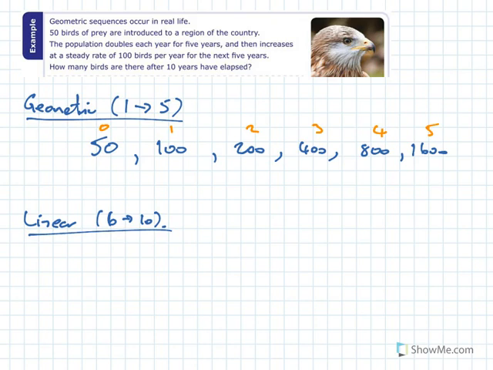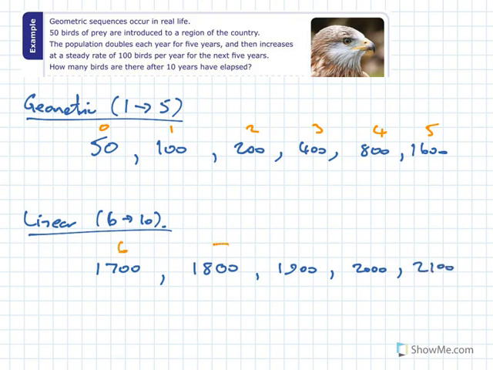Okay, that makes sense. And then after the 5th year, it turns to an arithmetic sequence. So after year 6, I get 1700, and then 1800, 1900. I should really have commas in between these because sequences are a list. 2000, 6, 7, 8, 9, good, 10.